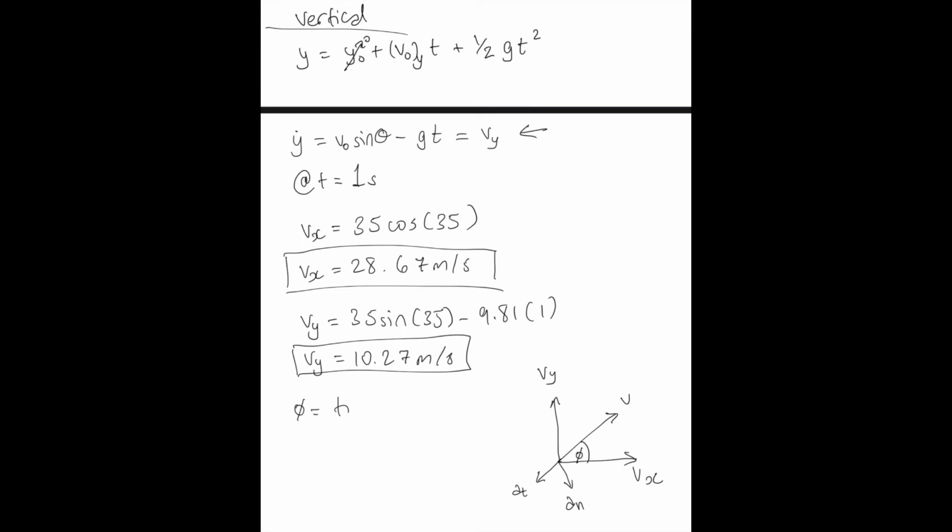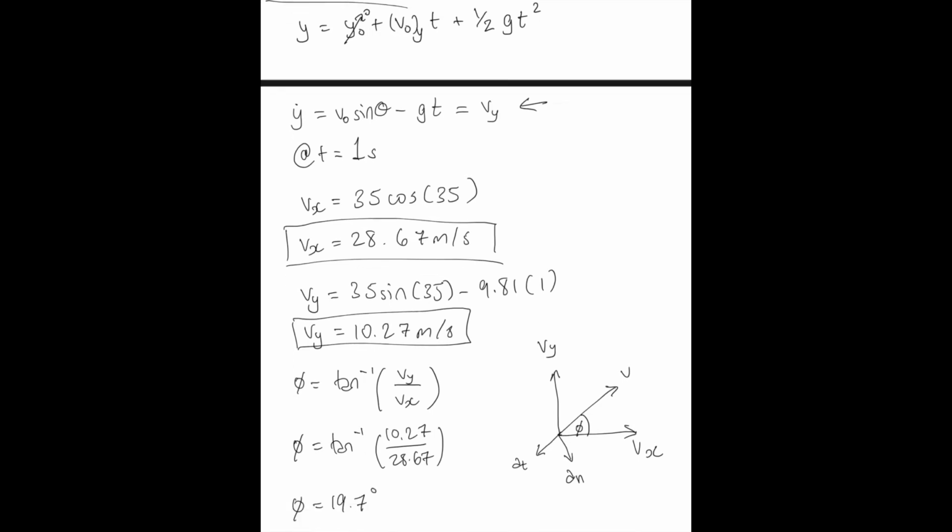So phi is going to be equal to arctan Vy over Vx. When we substitute in the velocities, we get phi is equal to 19.7 degrees.